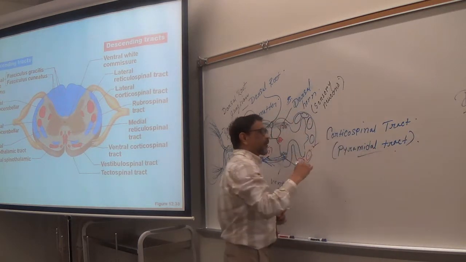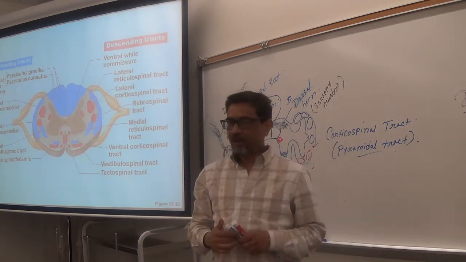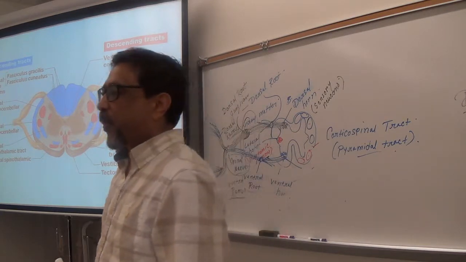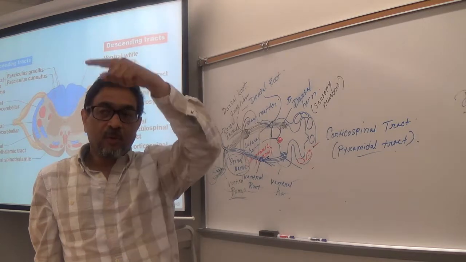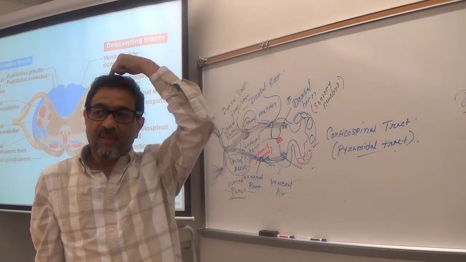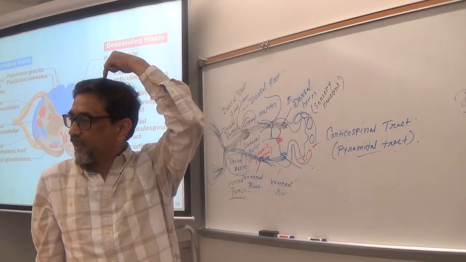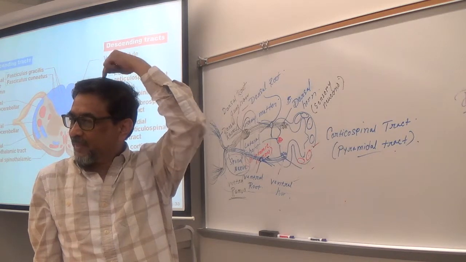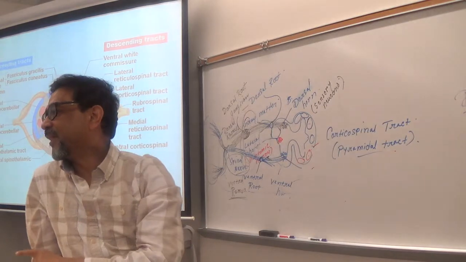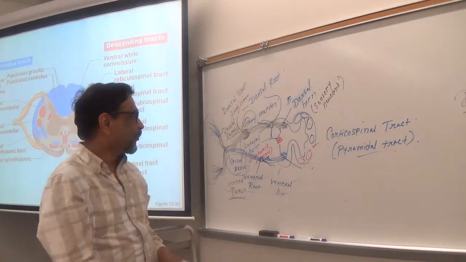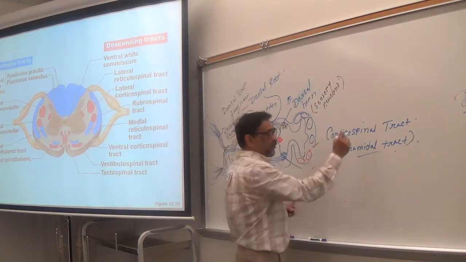It carries motor, descending signal from the primary motor cortex, precentral gyrus, to the skeletal muscles. Okay, so the pyramidal tract is very powerful.